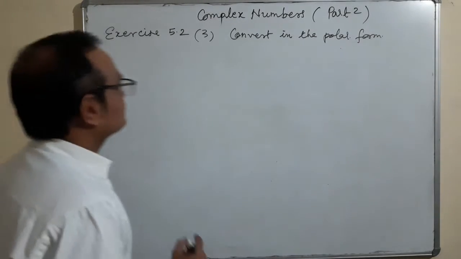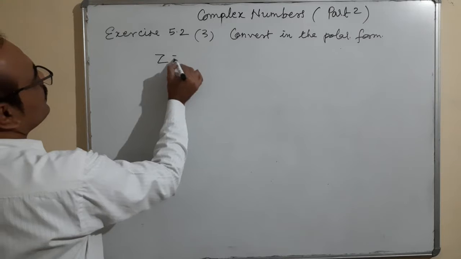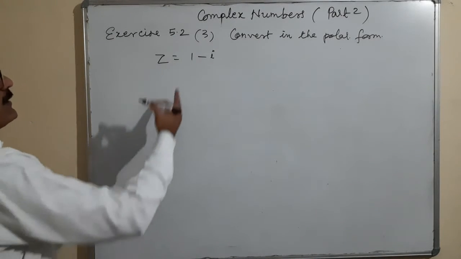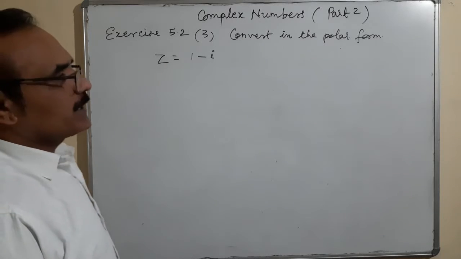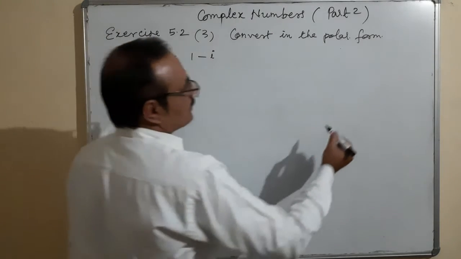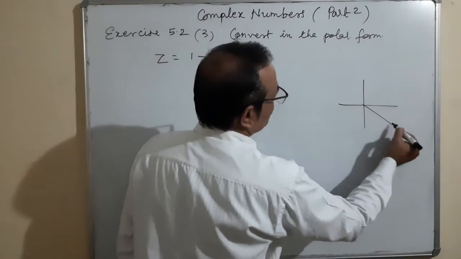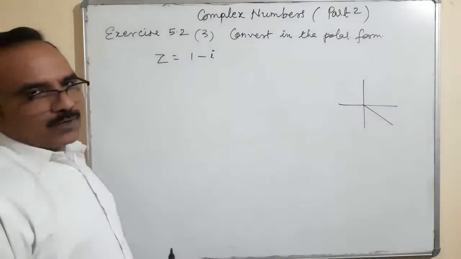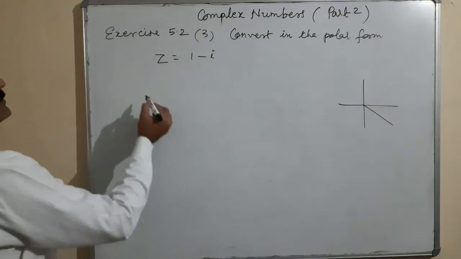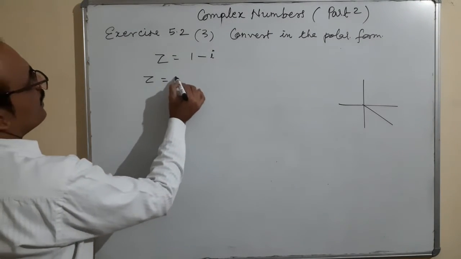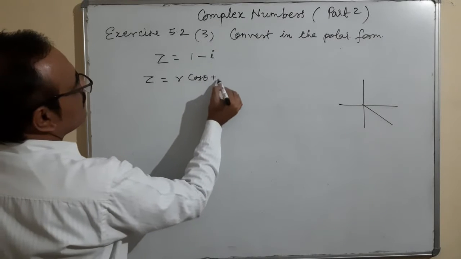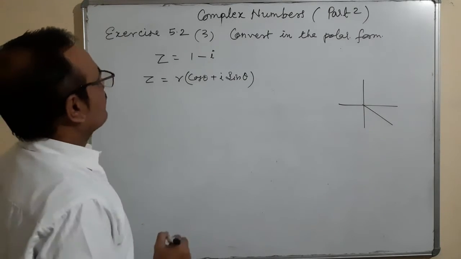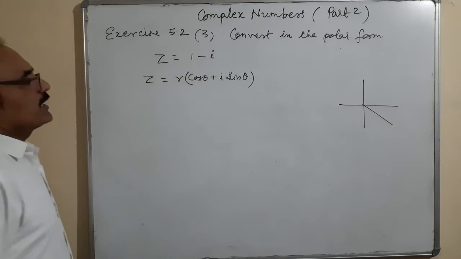1 minus I. Let z is equal to 1 minus I. What is the situation? 1 minus I, real part is positive and imaginary part is negative. So it means it comes in the fourth quadrant, right? And the answer is coming, theta is coming in the form of negative. So z is equal to the polar form r cos theta plus I sin theta. Okay.